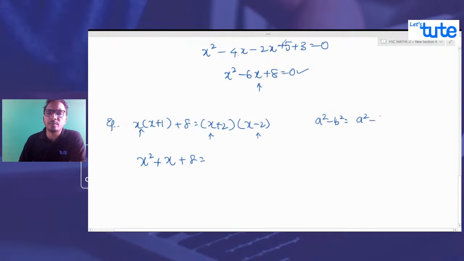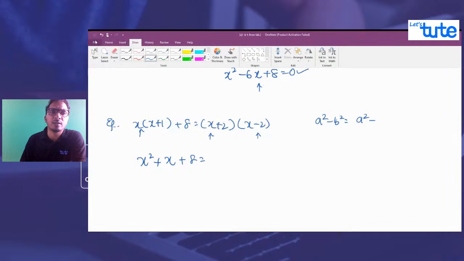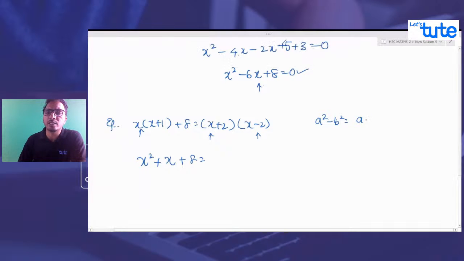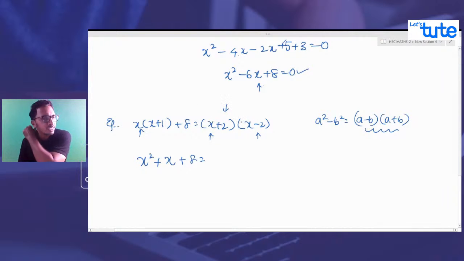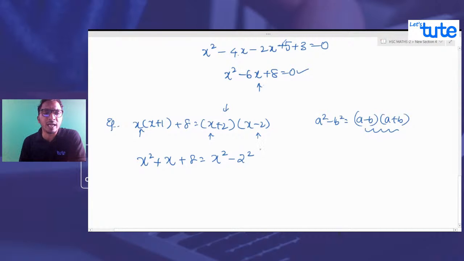It is (a minus b) multiplied by (a plus b). A similar situation we have here on the right hand side. The only difference is in place of a we have x, and in place of b we have 2. So this becomes x squared minus 2 squared.